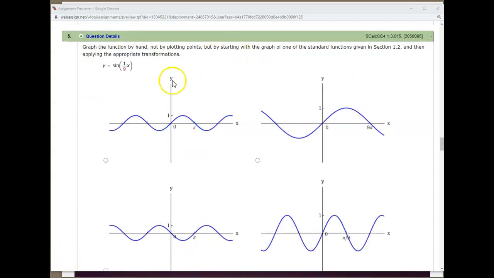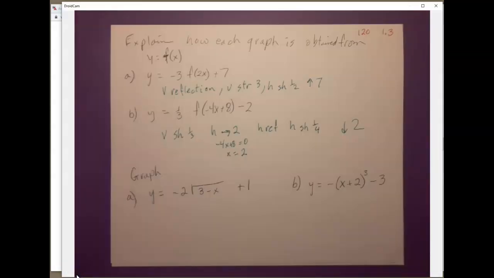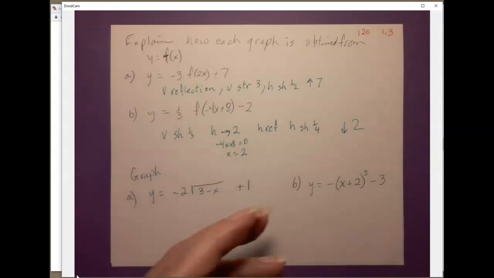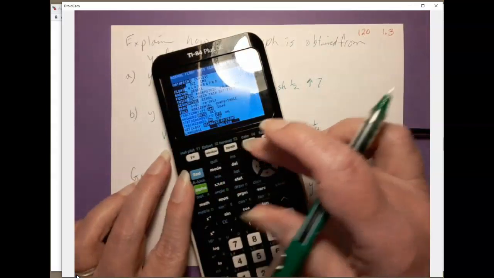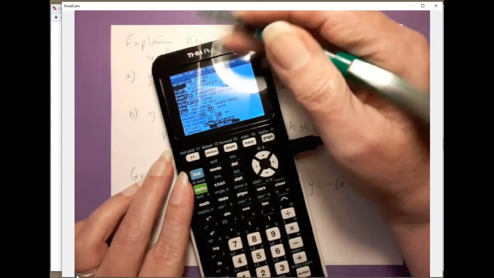I won't have you do the trigonometric functions on this first test without a calculator. So you could put this in your calculator, make sure it's in radian mode. Let me show you how to do that. So make sure you're in radian mode, go to mode, and it should say radian.